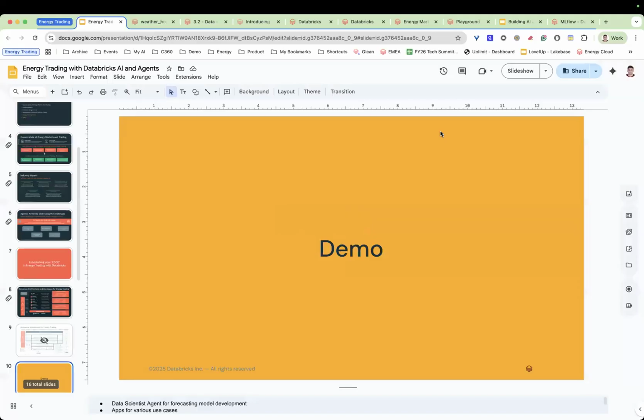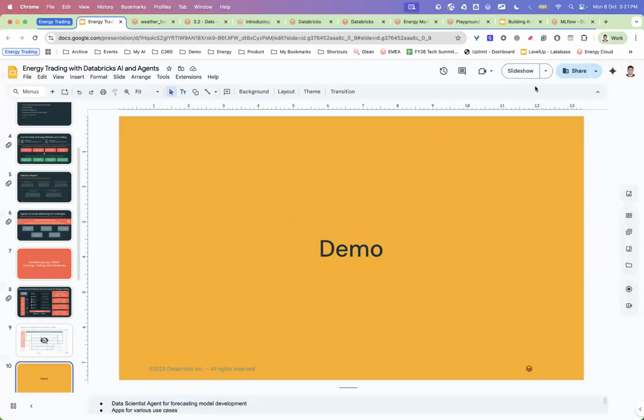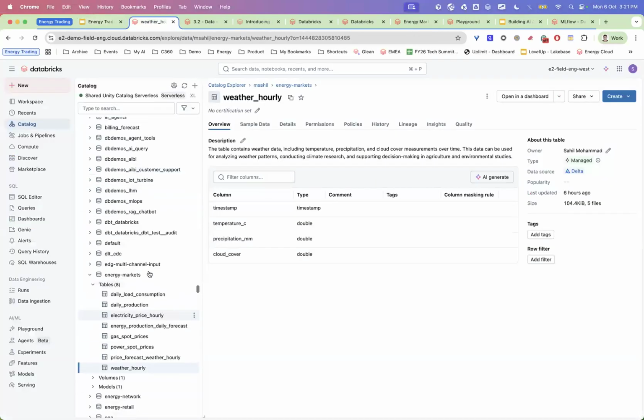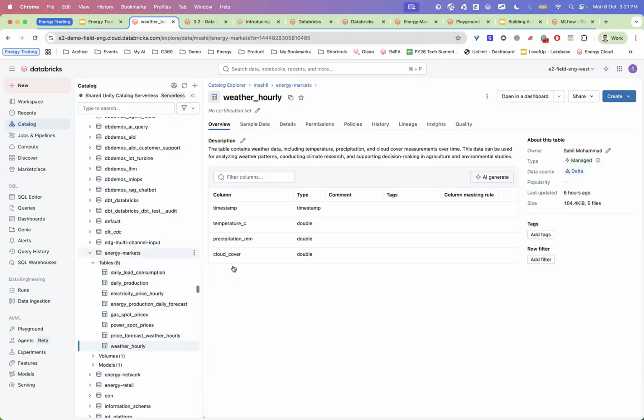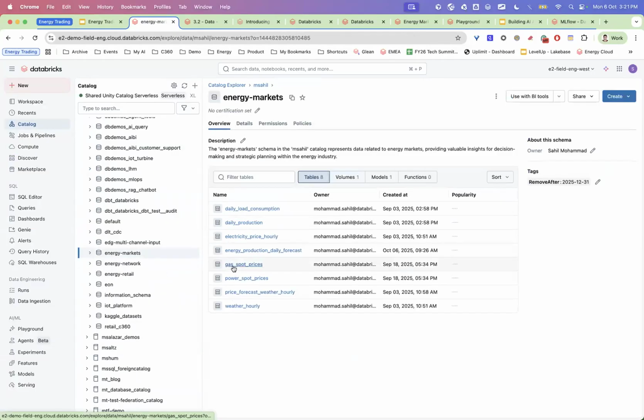So let's have a small demo. Like I was saying, this is Unity Catalog. One of the challenges is having data spread across different sources. With Unity Catalog, what you're able to do is get all this data into a single unified governance layer.